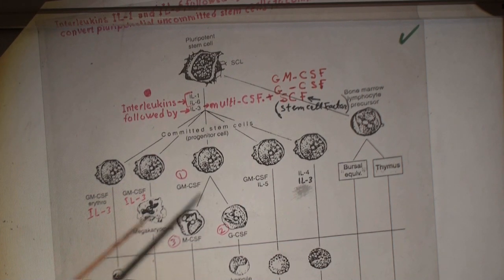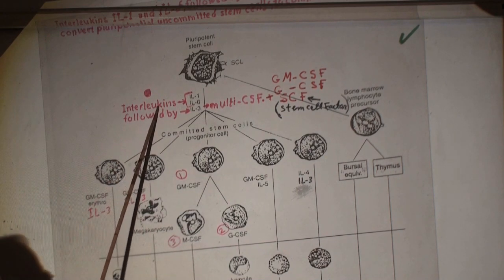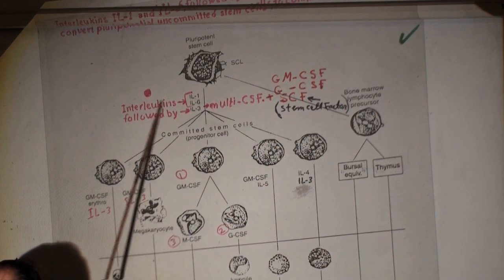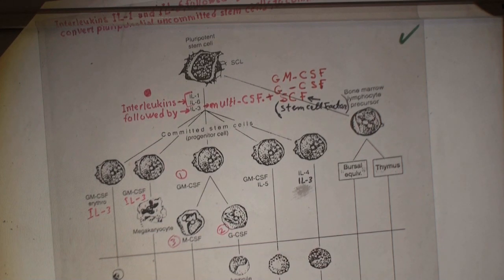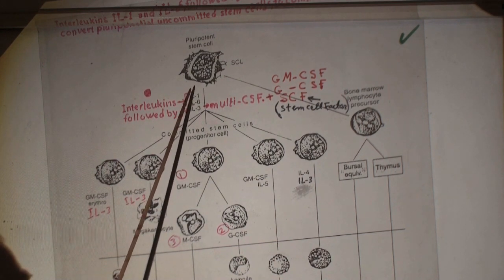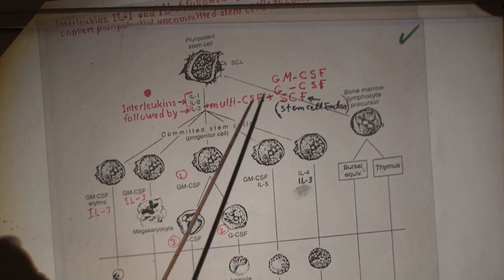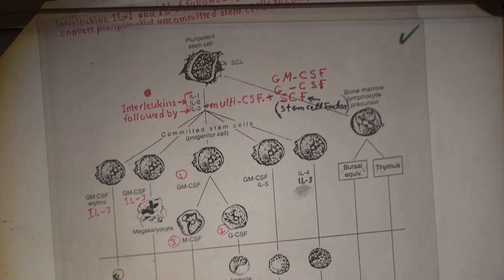First, as you see, many factors are involved in the production of the white blood cells. You see, 1, 2, 3, 4, 5, 6, etc.